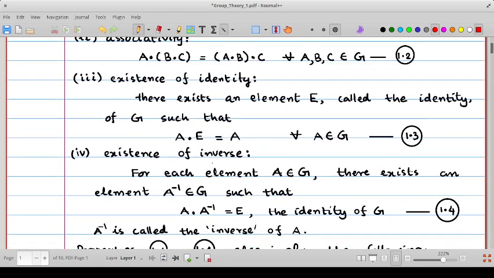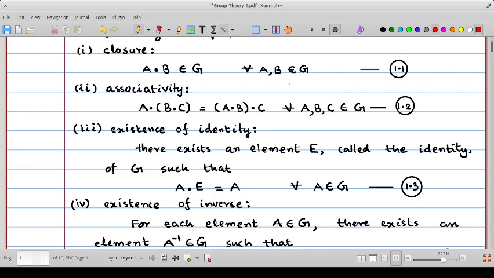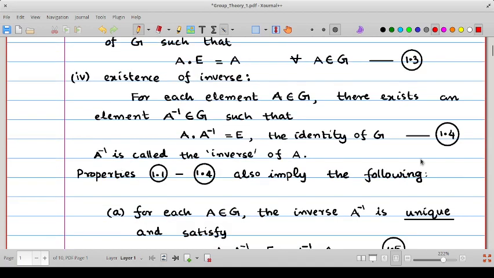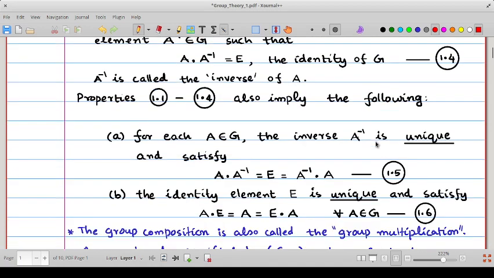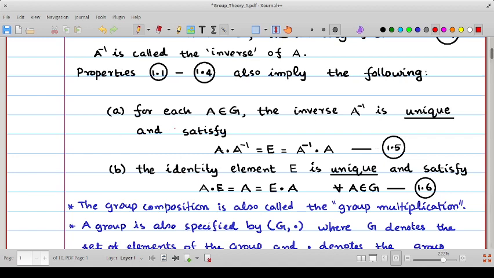Now these four properties, that is those given by equations 1.1 to 1.4, also imply the following. For each element A of the group, the inverse A inverse is unique and satisfies the following property.